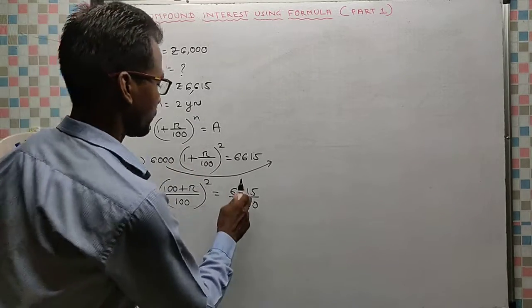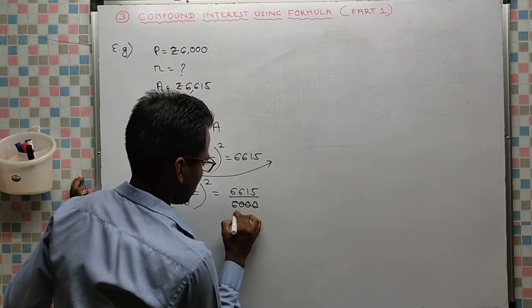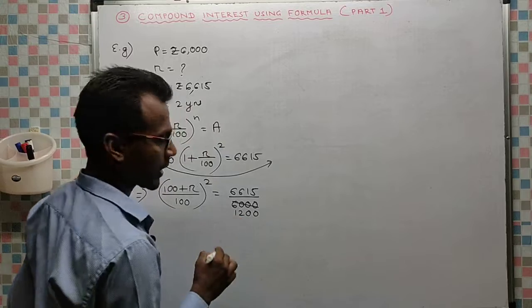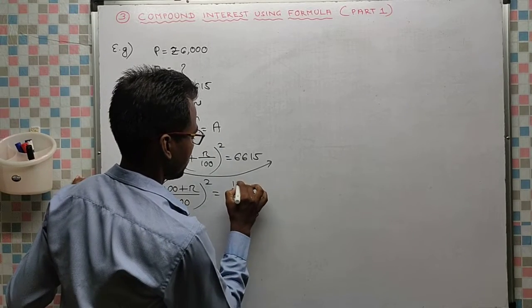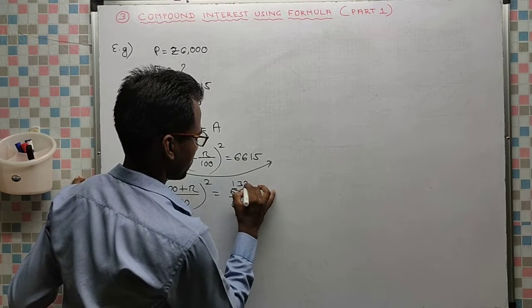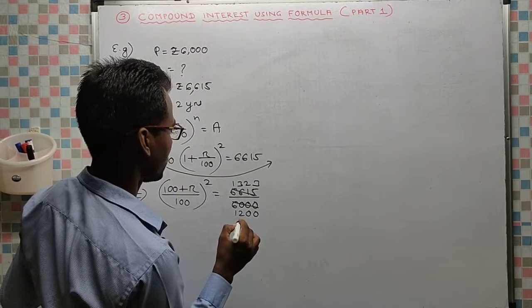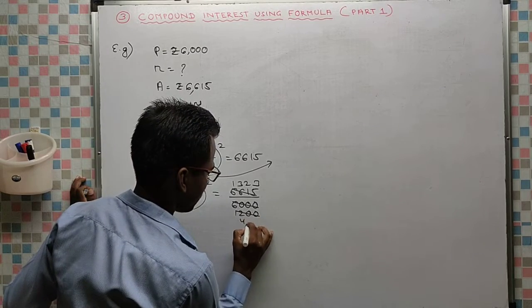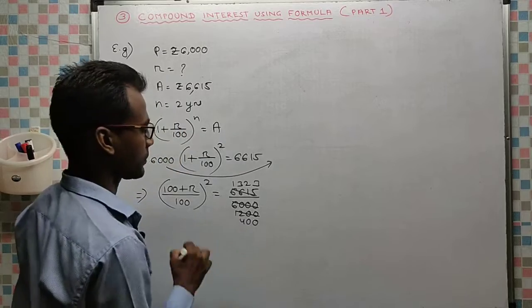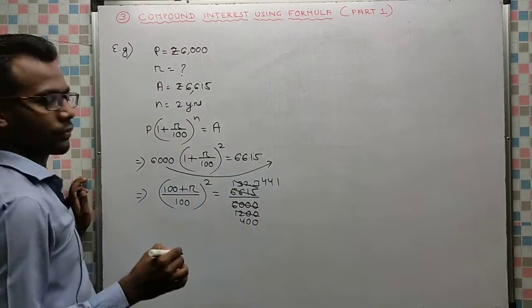Now let us simplify this one. I am dividing by 5: 5 into 1323, 5 into 1200. This is divisible by 3: 441 by 400.